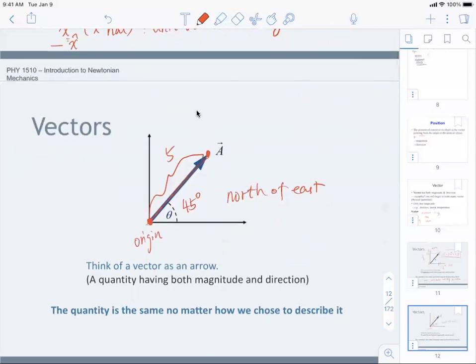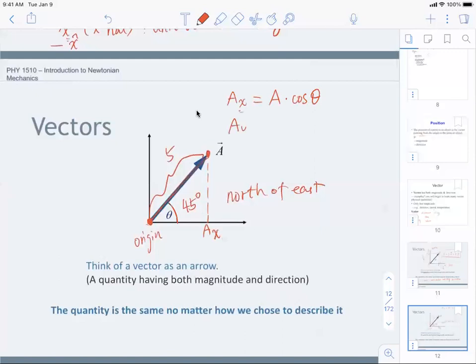Now, if you are given that A has a magnitude of 5 and you want to know what is AX, which means what is the X component of this vector, then you simply use A times the cosine of this angle and you get the X component.